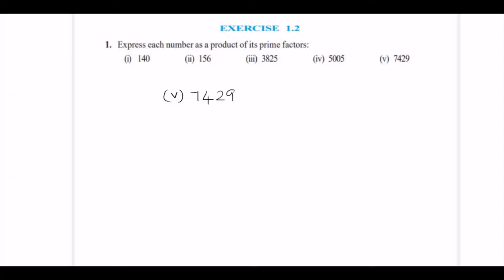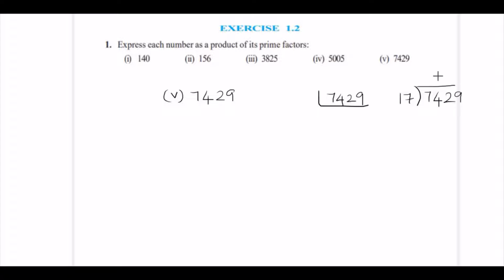The last composite number is 7429. So let's do the prime factorization of 7429. When you check with the prime numbers 2, 3, 5, 7, 11, nothing goes in 7429. The number that goes is 17. You have to go and check which number is going.